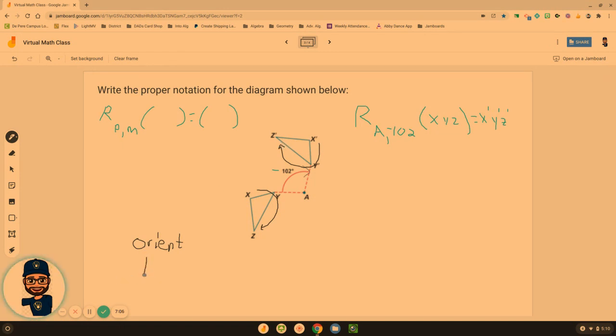And that's why we say that orientation here is preserved. It's kept the same. It doesn't change like it did in reflections. The orientation is kept the same, or it's preserved.